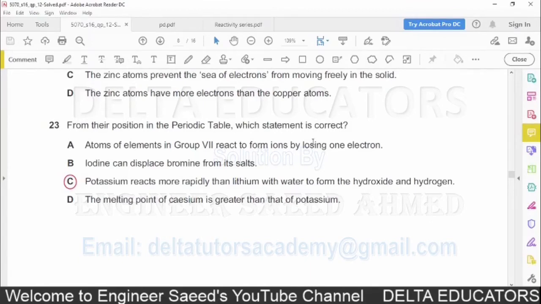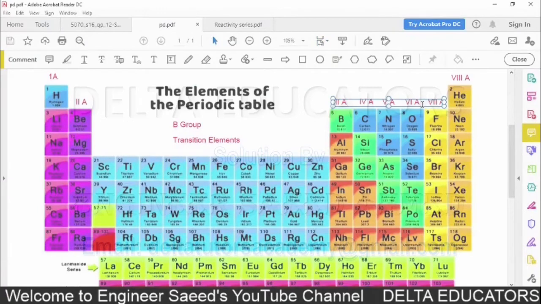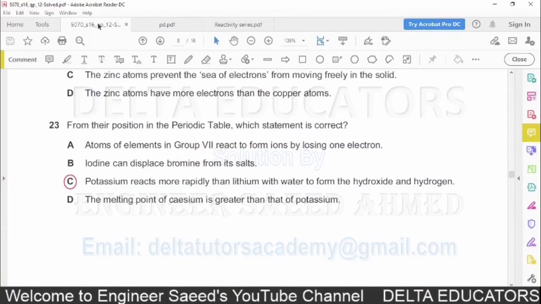Both iodine and bromine belong to 7A group. And in 7A group, when we move down the group, reactivity decreases. So iodine is less reactive than bromine. So iodine cannot replace bromine from its salt. So this option is also incorrect.